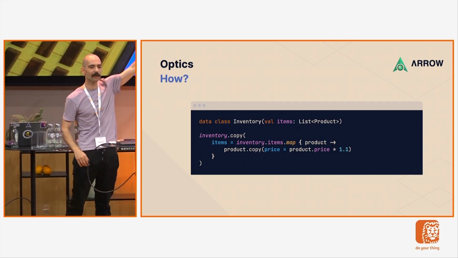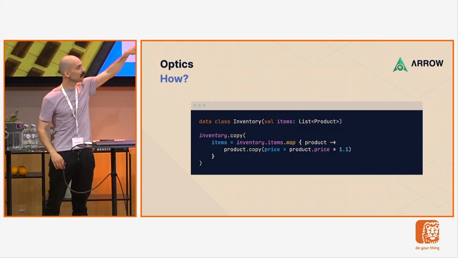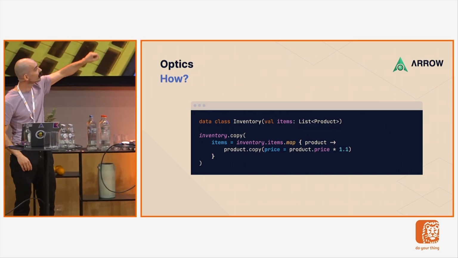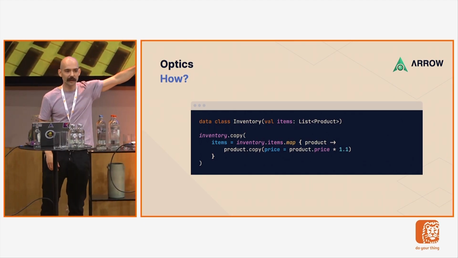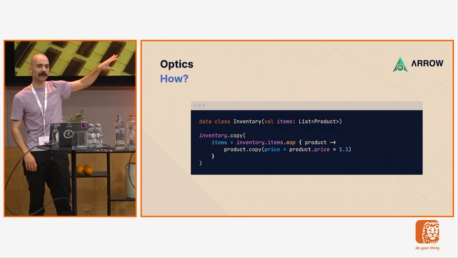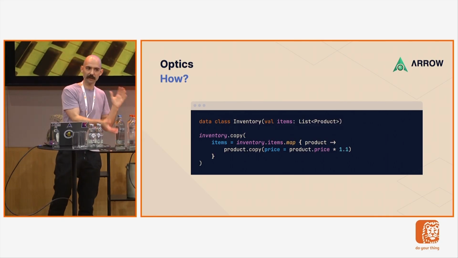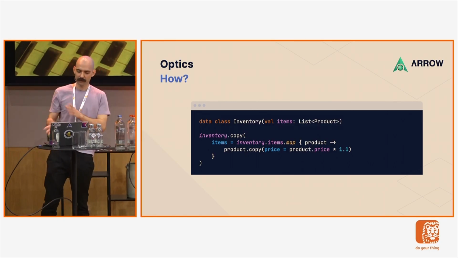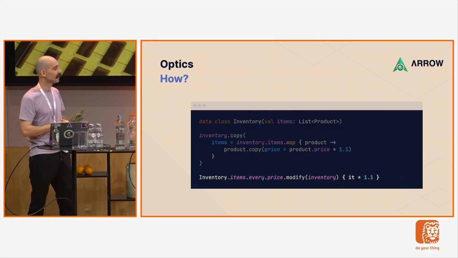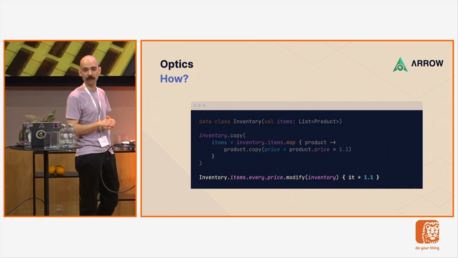Then we are getting all the items in the inventory, mapping or transforming every product in the items list, and then copying the product to adjust the price, right? And this is even worse than before, because now we've introduced collection logic into our copy blocks, which is really not that great. But we can again solve that with a very simple DSL, right?